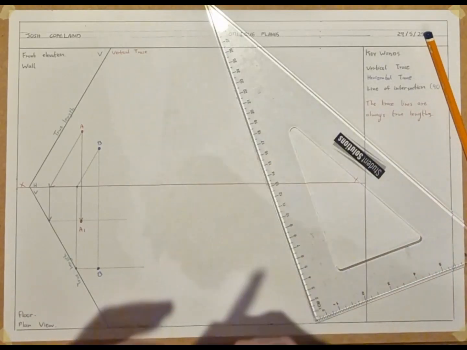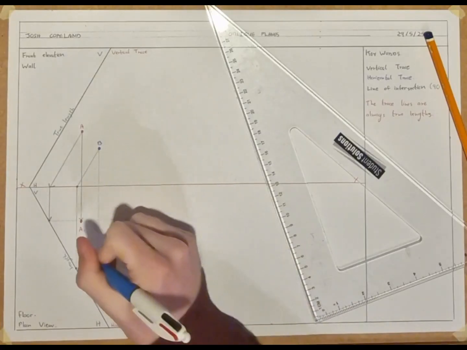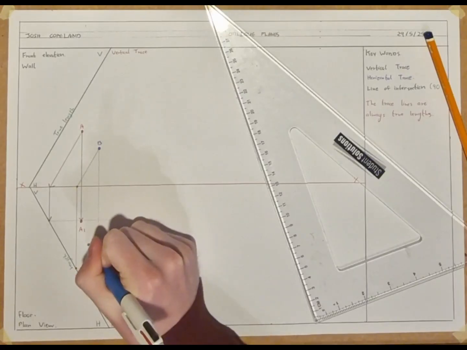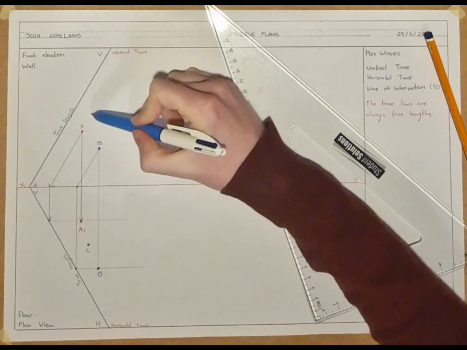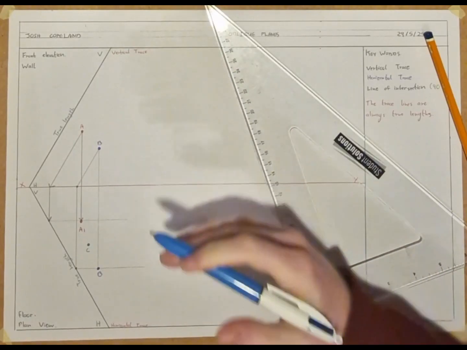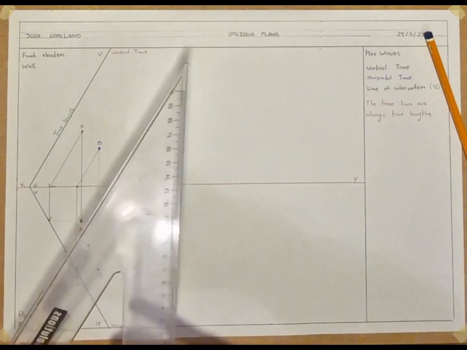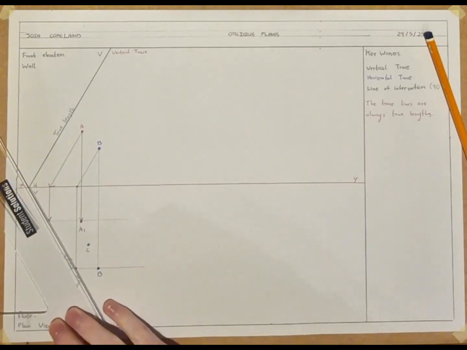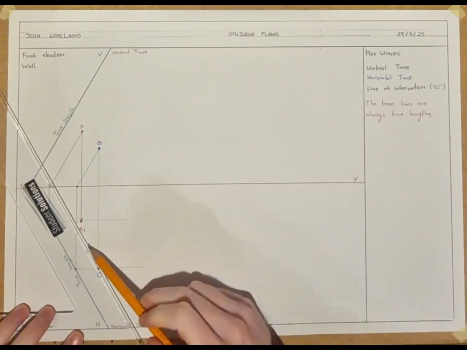If, for instance, this time I wanted to find a point that was in the horizontal plane, let's call that point C, and I wanted to bring it up to the vertical plane, we just do the exact opposite. So again, we're going to get our set square, line it up to the horizontal trace, offer it up to the point.